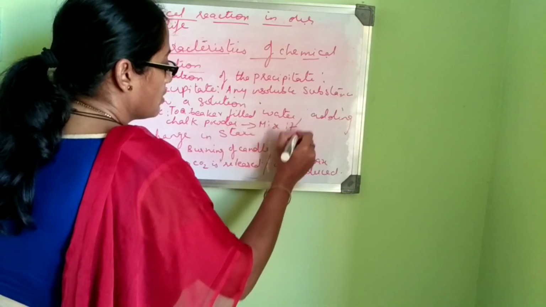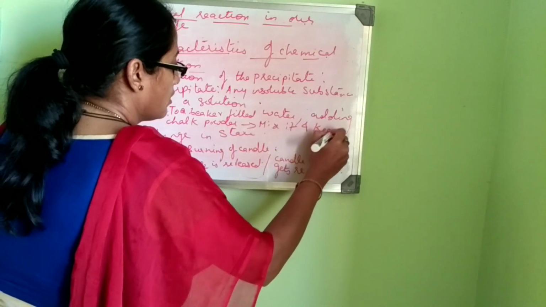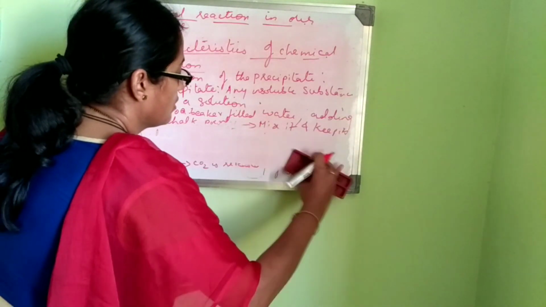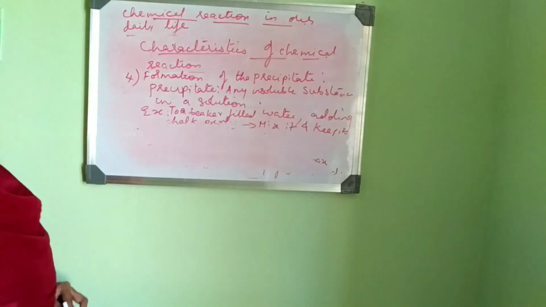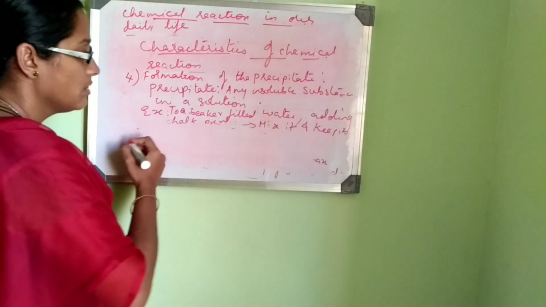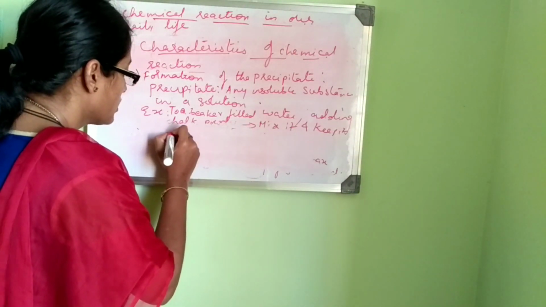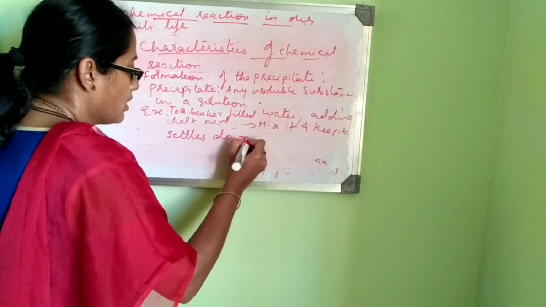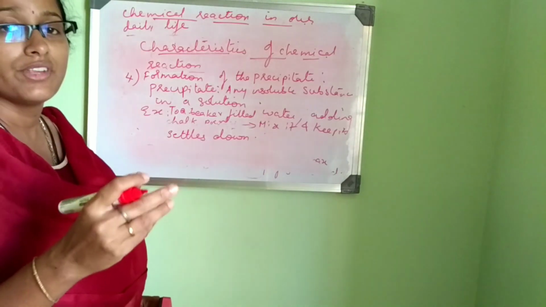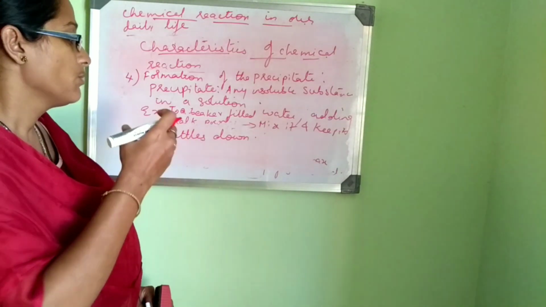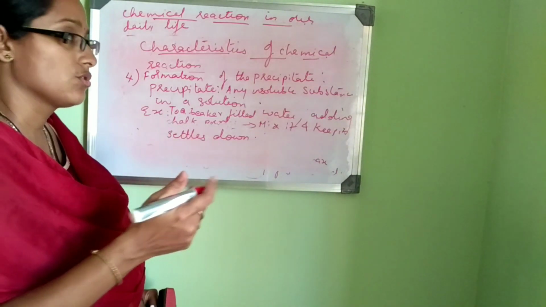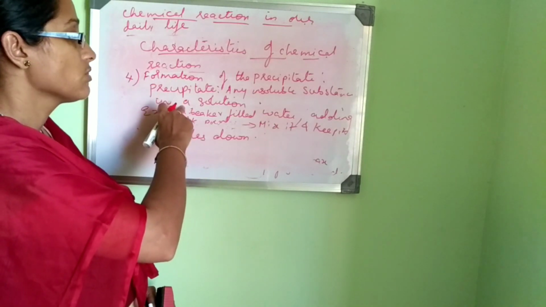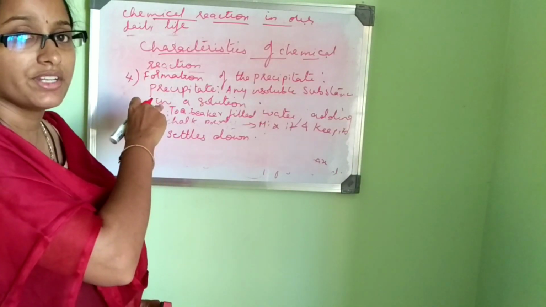Mix it and keep it idle for some time. You can see that the chalk powder settles down and does not react or become a homogeneous solution. So this is a precipitate. You can see that precipitate formation also is a chemical reaction.